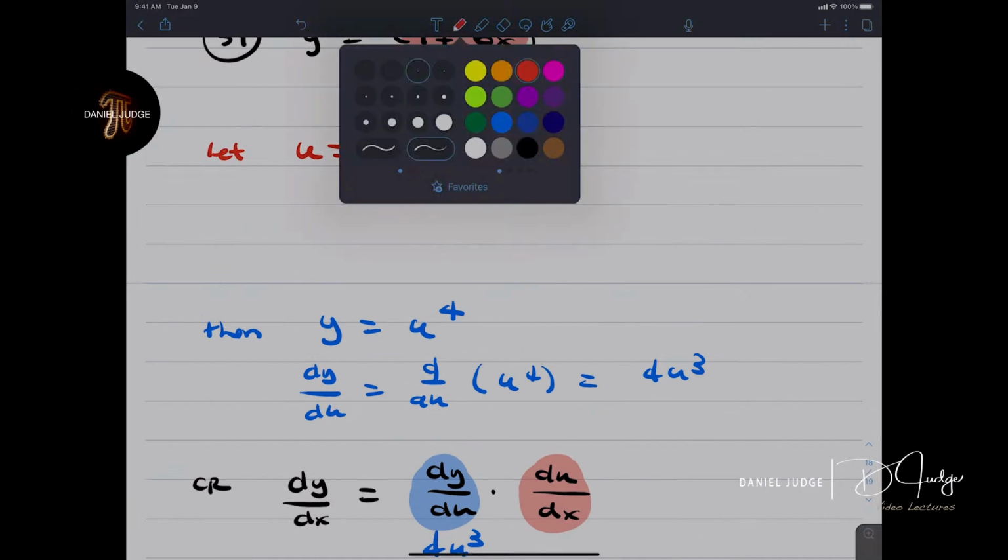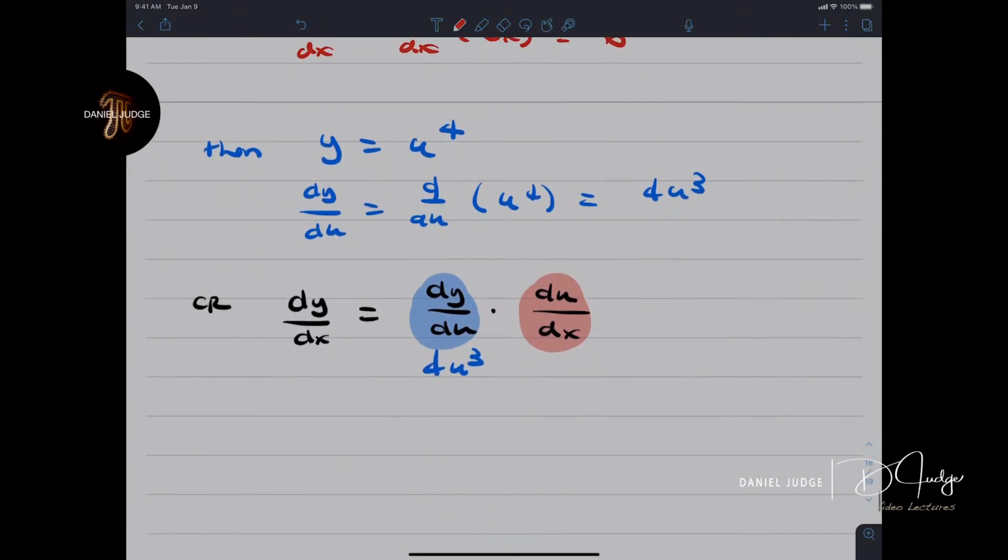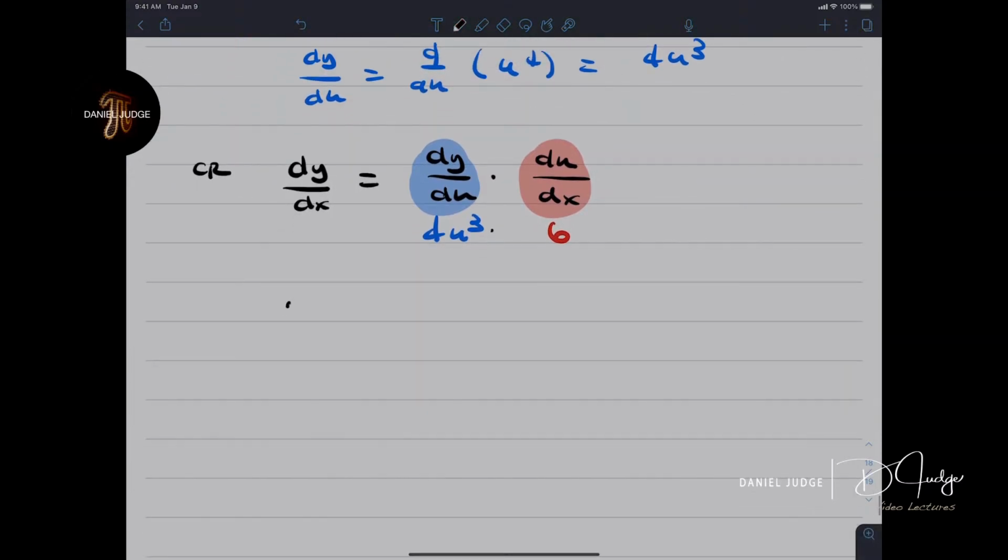Here's what else we need. Du dx. So this is d dx of 6x, which is 6. This is the chain portion. So never forget your chain. So y prime is 4u cubed times 6.